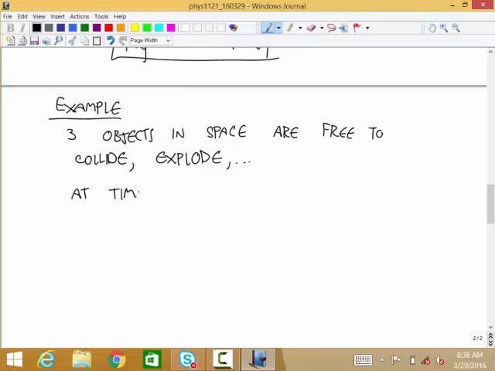At time 1, the 1 kilogram object has a velocity vector that's equal to 3, 0 meters per second.